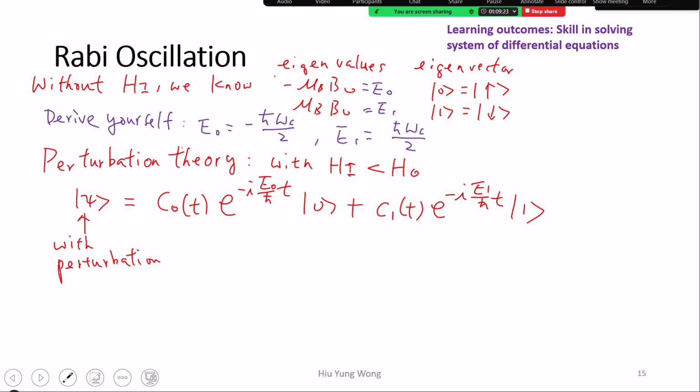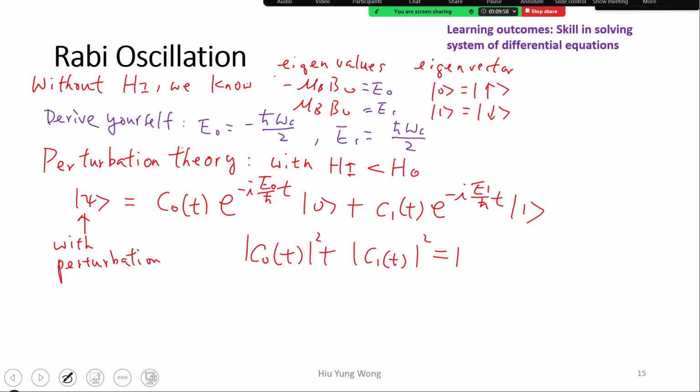So if the disturbance is not too much, the basis is still the same. But as quantum physics, what we require is that C0 squared plus C1 squared needs to be 1 at all times, right? Because the sum of their magnitude squared needs to be 1, because they represent the probability.